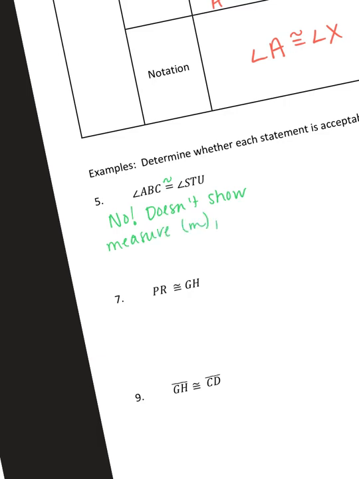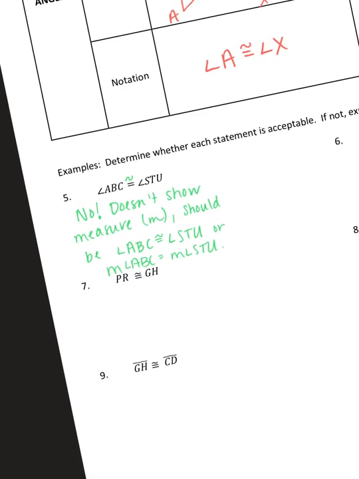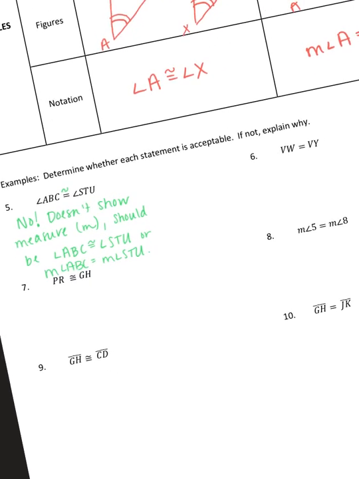So it should be angle ABC is congruent to angle STU. Or it could be the measure of angle ABC is equal to the measure of angle STU. Okay, so either way, something was forgotten, either the tilde for the congruence or the measure if they really were equal.